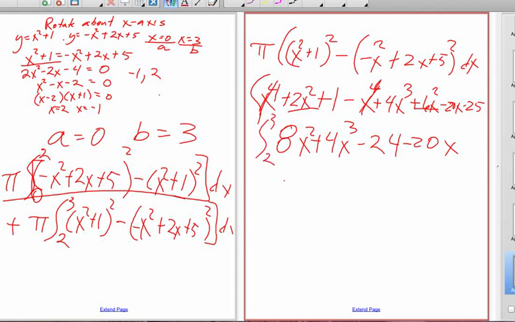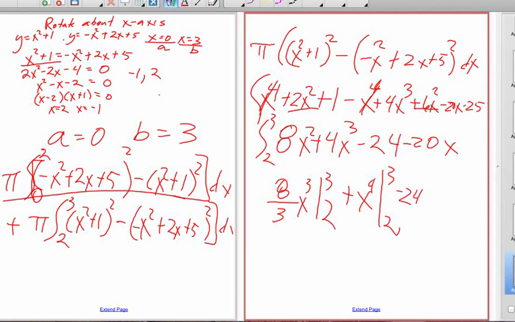And when you do this, you're going to end up with an 8 thirds x cubed evaluated from 2 to 3 plus x to the 4th evaluated from 2 to 3 minus 24x evaluated from 2 to 3 minus 20 minus 10x evaluated from 2 to 3, and when you plug everything in, that ended up equaling 125 pi over 3.